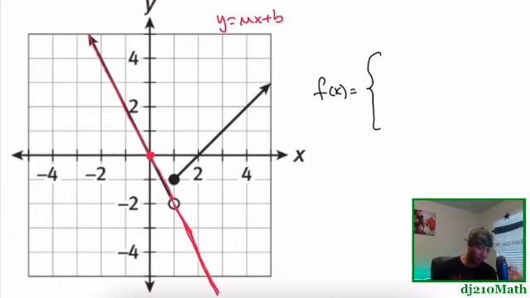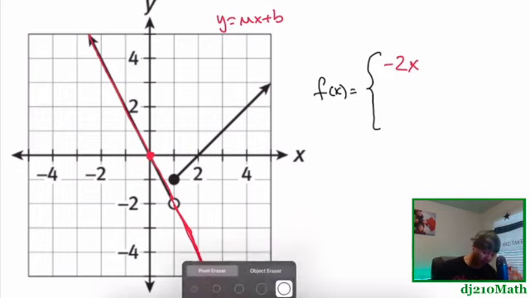And the slope is going down and to the right, so it's going to be negative. So the slope is down 2 over 1, which is basically -2. So -2x plus 0, and I don't care about the plus 0. Negative 2x represents the whole red line that I drew.